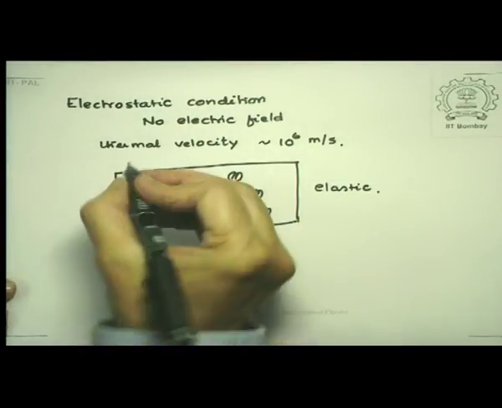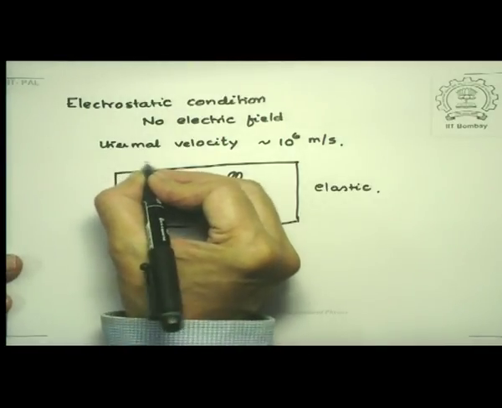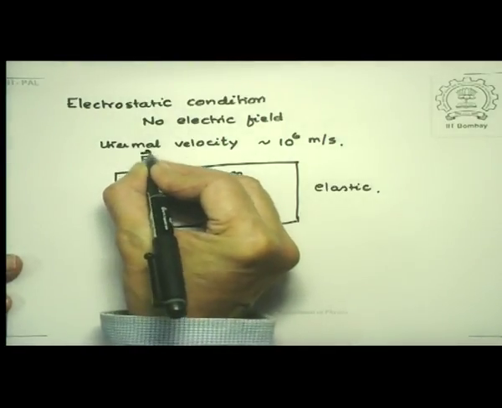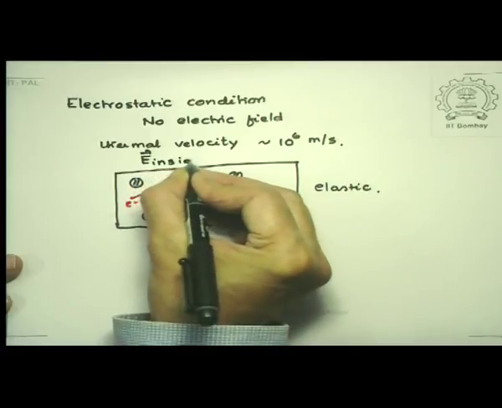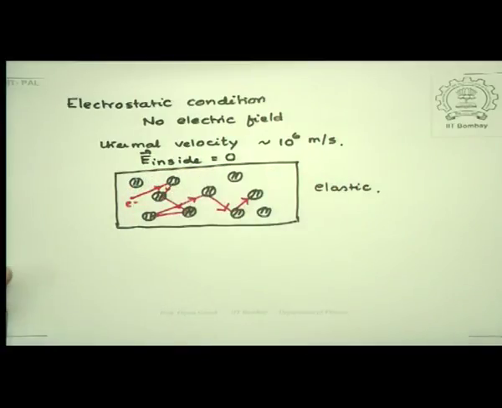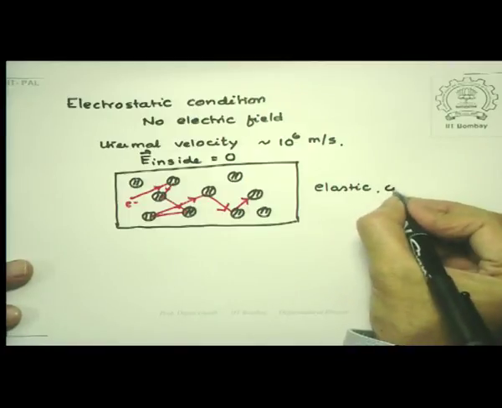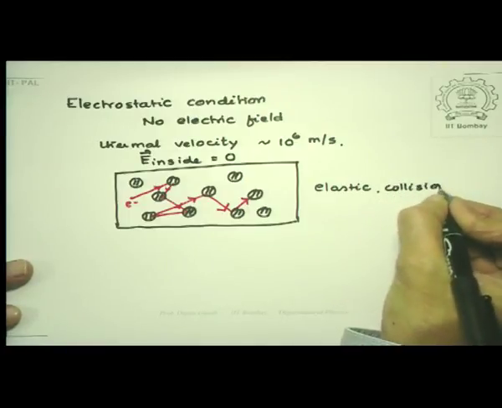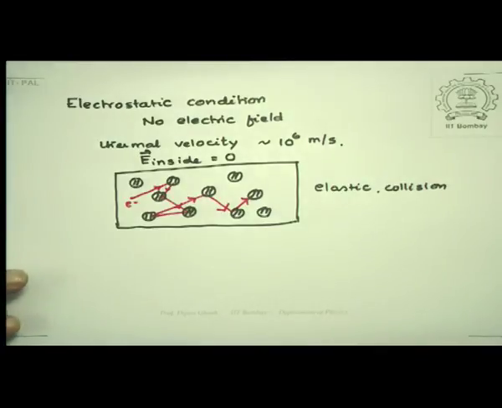So we are talking about the absence of any field inside. So let me say E inside is 0. So elastic collisions take place. Now this is very similar to when, for instance, a very light particle collides against a heavier one. For instance, a tennis ball bouncing against a wall, or a stone bouncing against a truck.